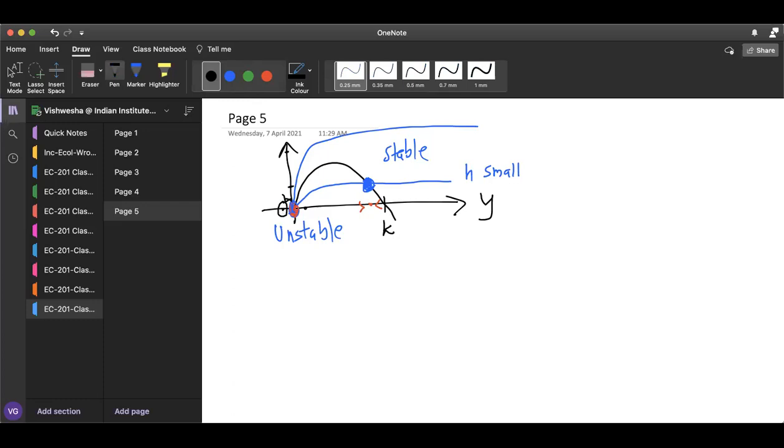Make a perturbation to the right side, because the left side perturbation has no meaning. If you do that, the harvesting is more than the logistic growth rate. That means even at very small population densities, the harvesters just take away whatever they find. So what will that cause? It will basically cause extinction. So this now becomes stable.